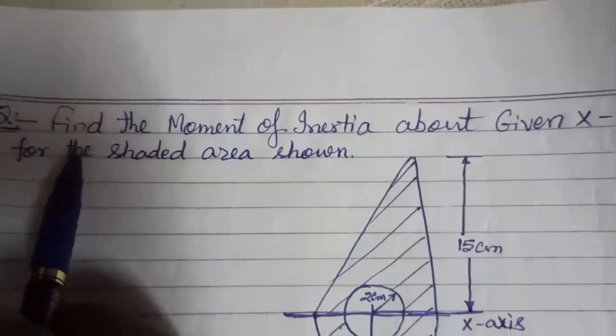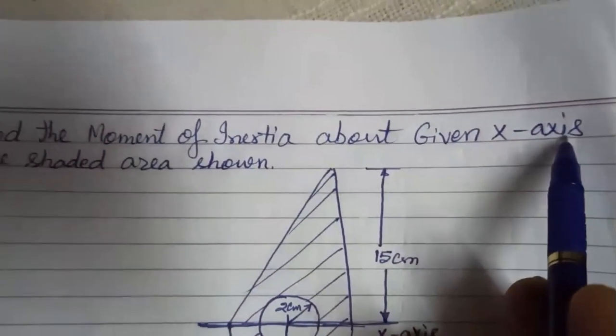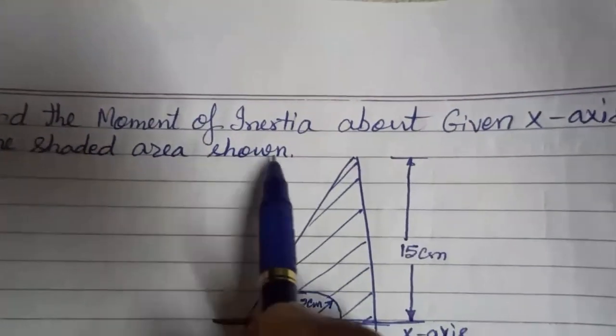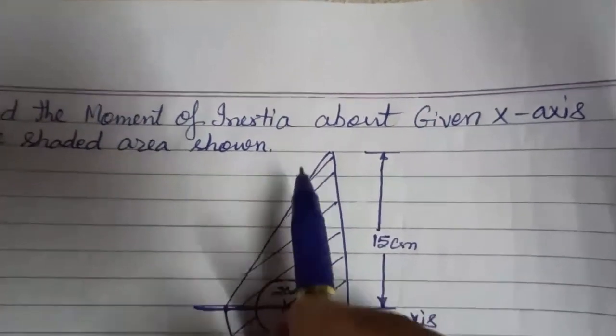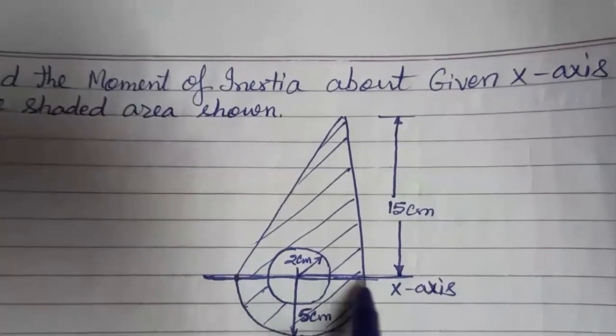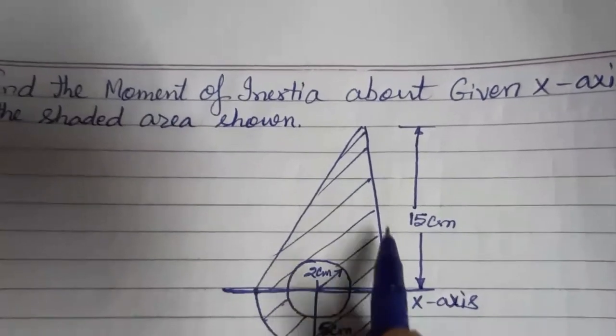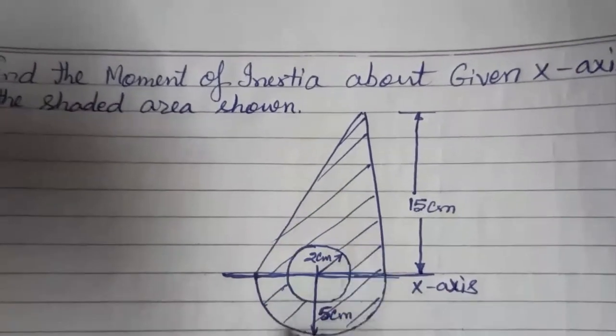This is a problem: find the moment of inertia about the given x-axis for the shaded area shown. This is the given x-axis. About this axis, we have to determine the moment of inertia of this shaded area.